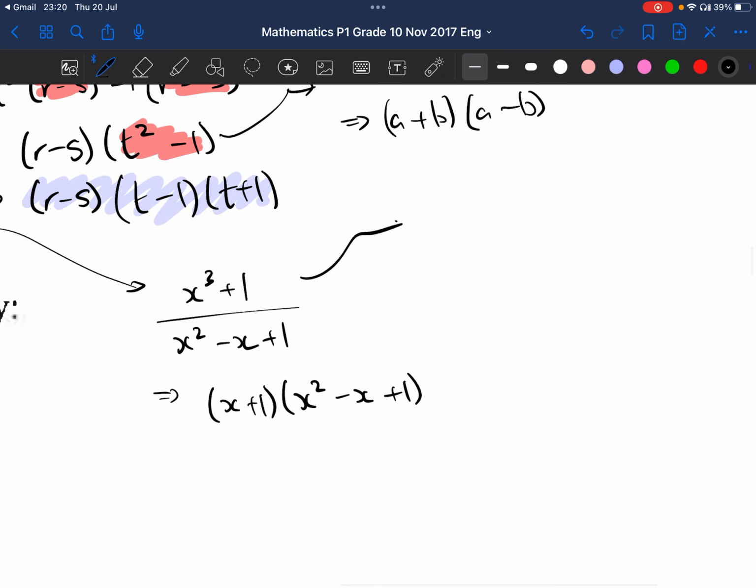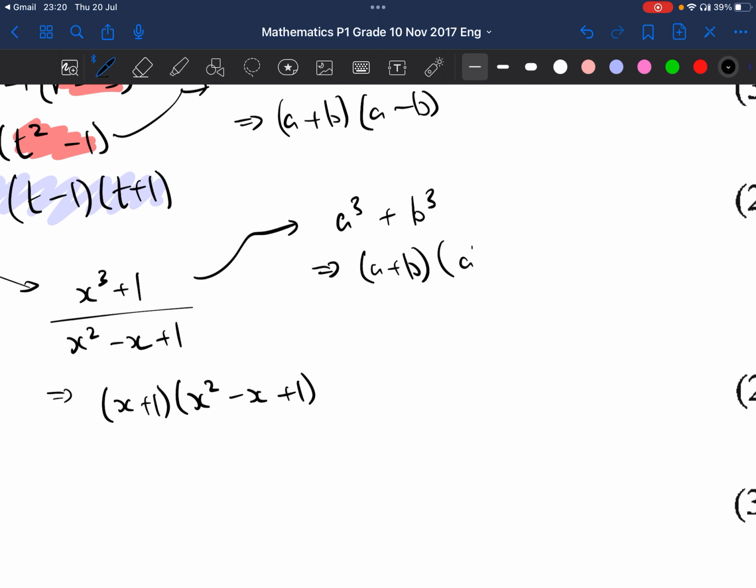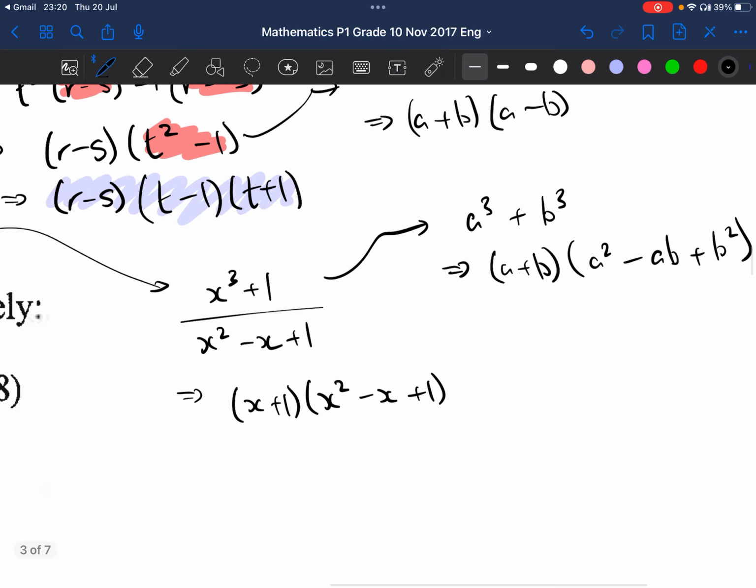So the general form of that would be, let's say I have a cubed plus b cubed. It would be a plus b multiplied by a squared minus ab plus b squared.